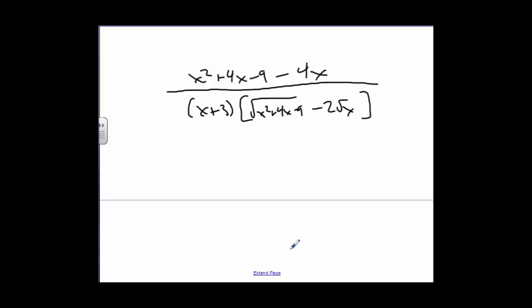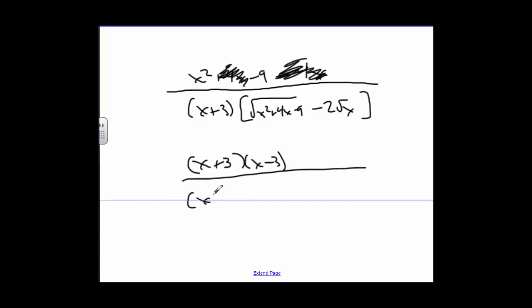On questions like this, you need to search for that aha, light bulb, clever, what are you trying to get from me kind of moment. And hopefully you'll see here that this 4x and that minus 4x will cancel, leaving you with x squared minus 9. Well, x squared minus 9 is really x plus 3 times x minus 3, all over x plus 3, and I'm just going to write that to save time because I don't want to write it again.